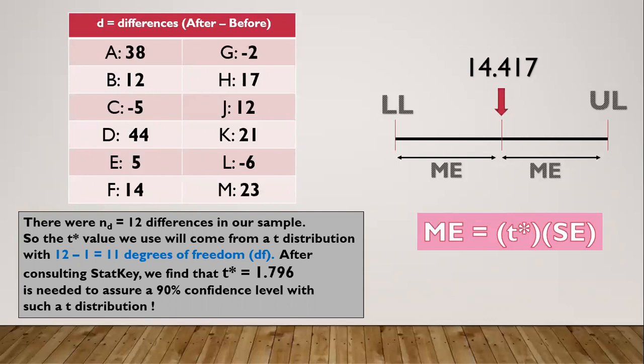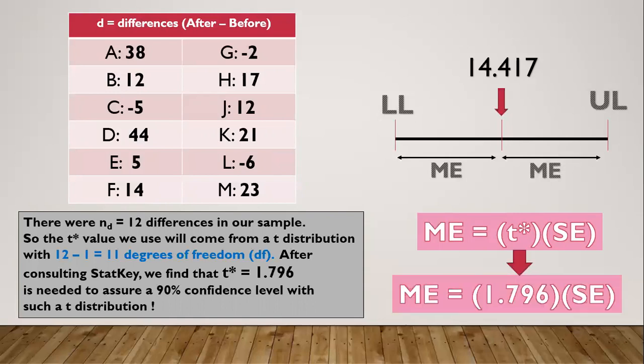We consult StatKey or some other statistical software, and we determine that for a t distribution with 11 degrees of freedom, we need to use the value t star of 1.796 in order to assure a 90% confidence level for that particular kind of t distribution. So in computing our margin of error will be 1.796 times whatever the standard error of our statistic is.